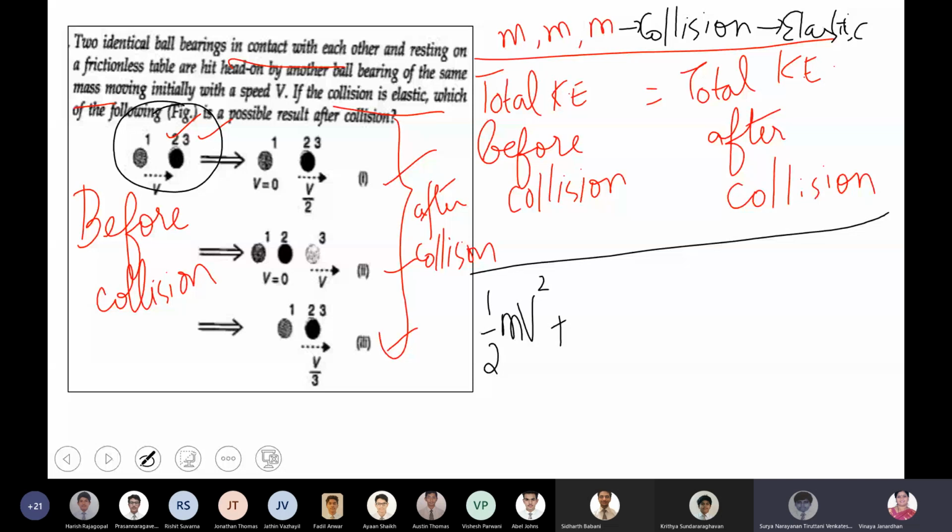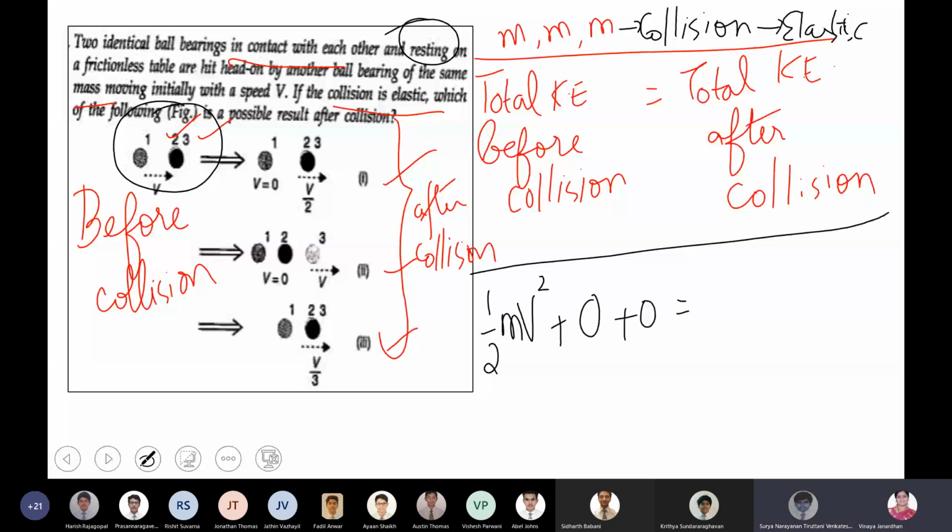What will be the kinetic energy of particle 2? Ma'am, half m1 v squared. But look at the condition. Particles 2 and 3 are at rest, so their kinetic energy will be 0. What will be the total kinetic energy before collision then?